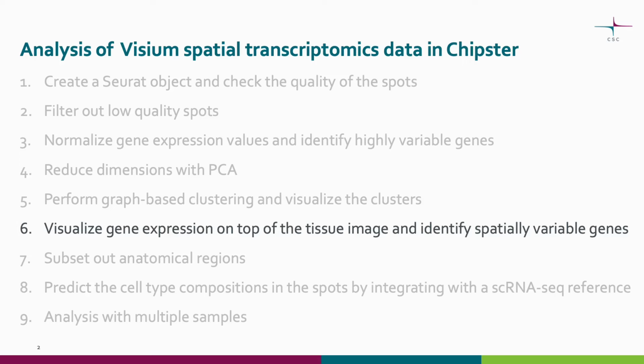The first tool computes and visualizes spatially variable genes based on pre-annotated clusters. The second tool identifies and visualizes spatially variable genes without pre-annotation. Finally, we show how to visualize gene expression of selected genes on top of the tissue image.